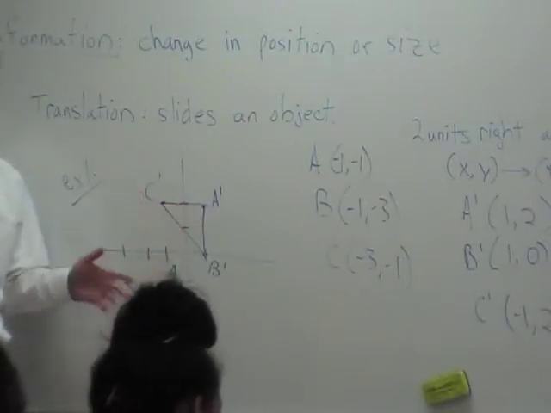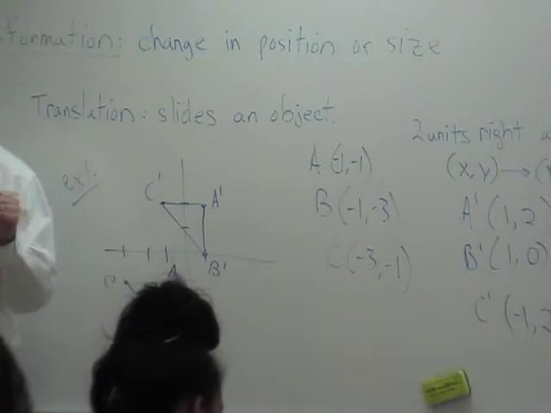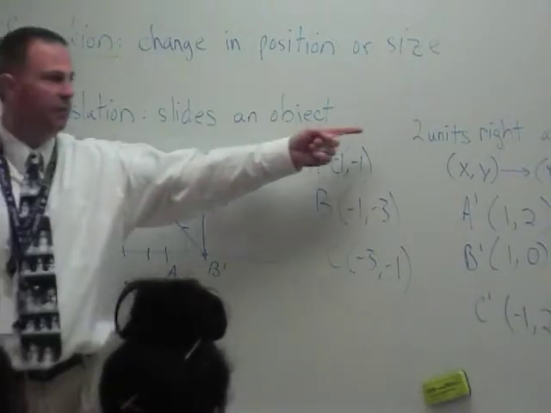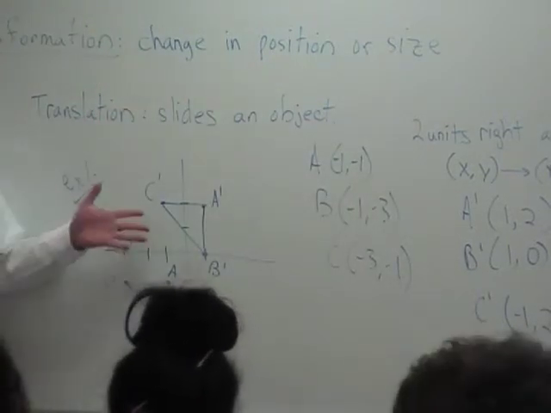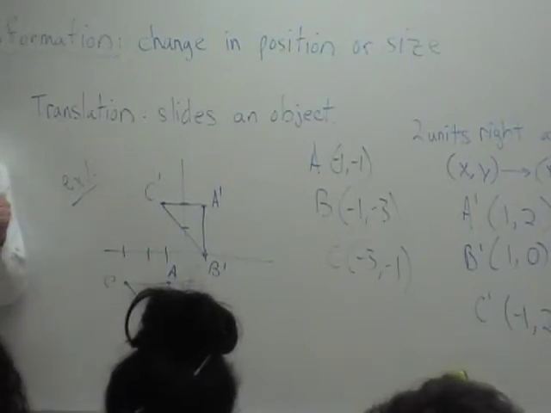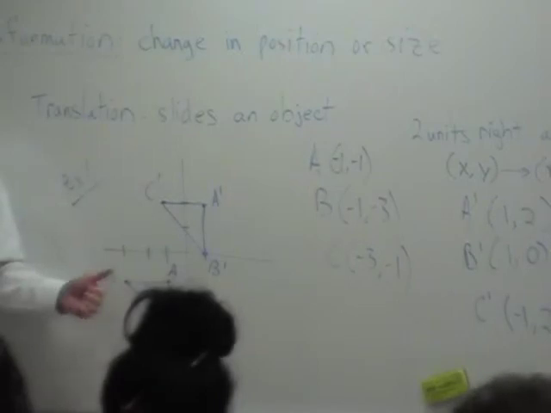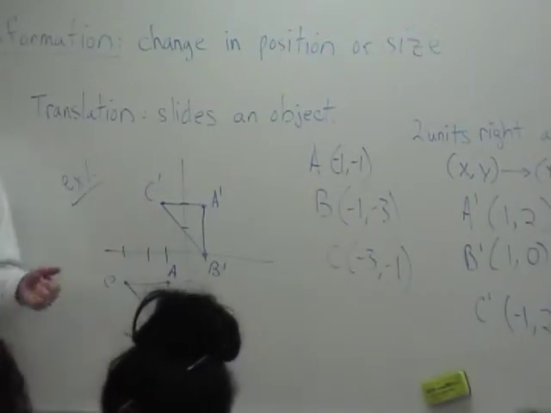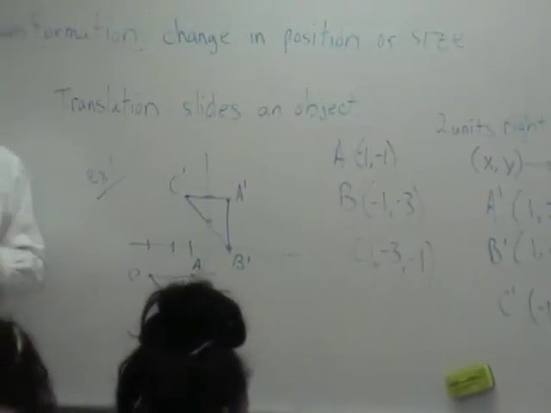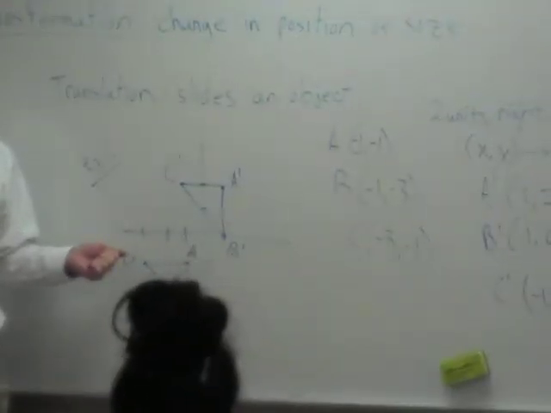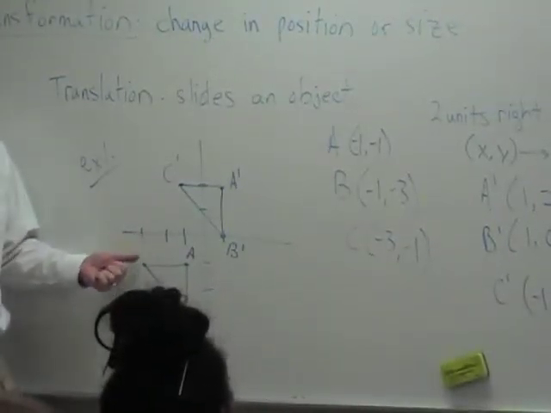Now just looking at the picture, you ought to tell me what the rule is. Even if I didn't give you this, you might have a problem where they give you a picture and you've got to tell me the rule. So all you need to do is look at one point. Let's say we look at C and C prime. Write down those coordinates and then say what we do to C to get to C prime.